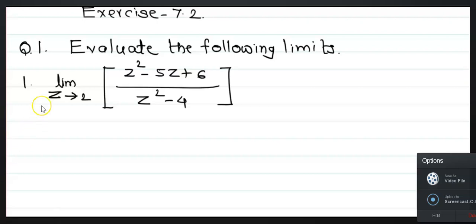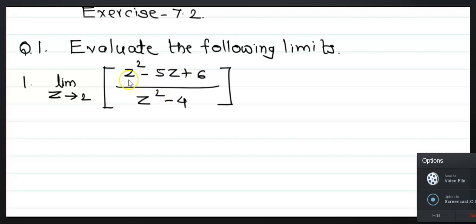One key point is that whenever the limit tends to 2, substitute z equals 2. And if you get the numerator and the denominator as 0, then we try to factorize these two polynomials.